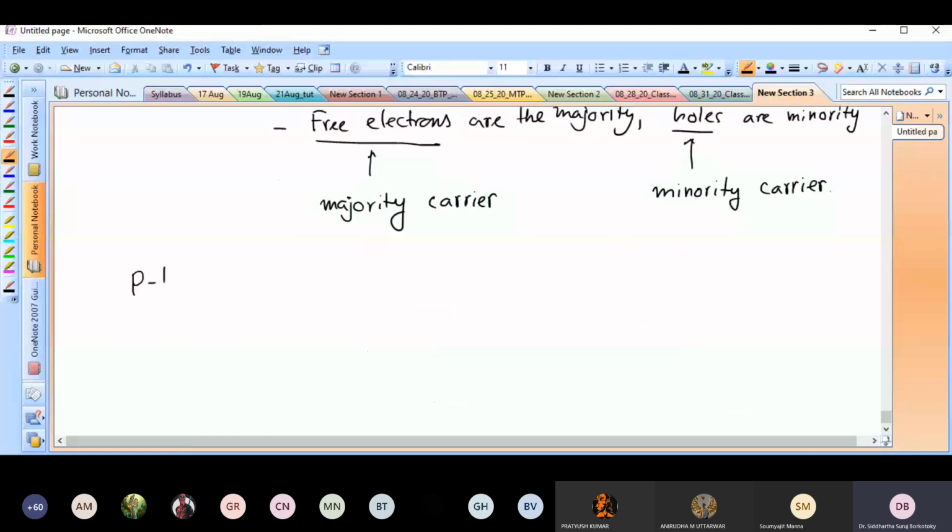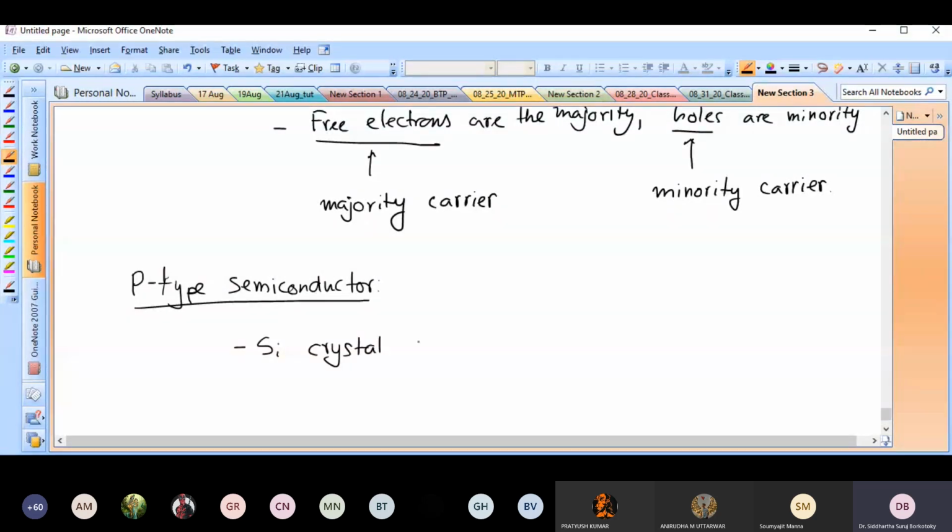A P-type semiconductor is a silicon crystal, normally we are talking about silicon these days instead of germanium, doped with a trivalent impurity.